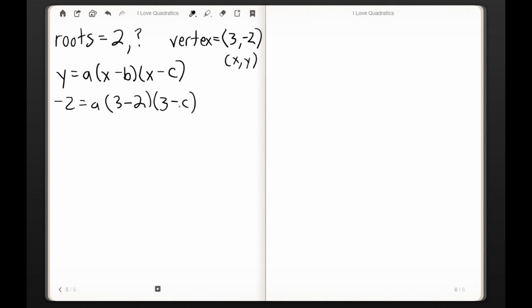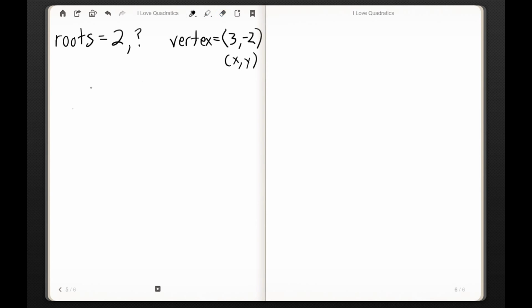But that's where the problem is, because now we have an equation, one equation, but we have two variables. We have a and c. So there's no way to solve for two variables with one equation. So root form is not going to work.